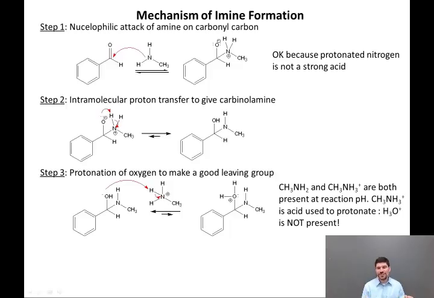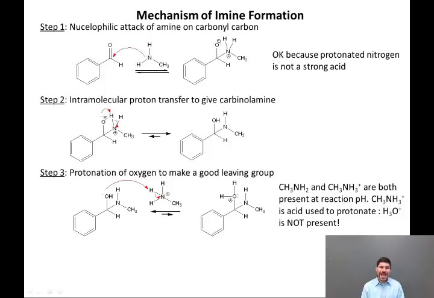This, the CH3NH3+, is the acid used to protonate because H3O+, which is what people like to sometimes use as an acid, is not present in this reaction. We will generate a molecule of water later on in this mechanism, but as you will see, we will want to get rid of that water, not have it around to get protonated, and the pH is not low enough to have any significant concentration of H3O+ around anyway.